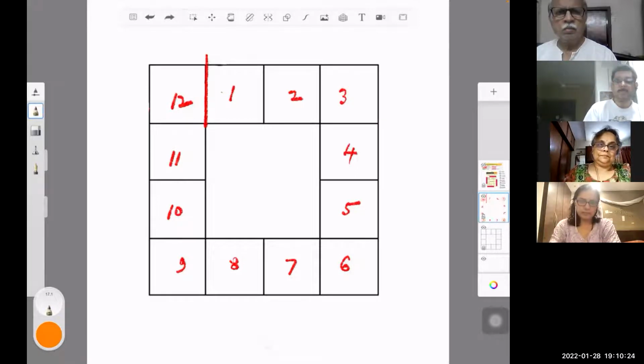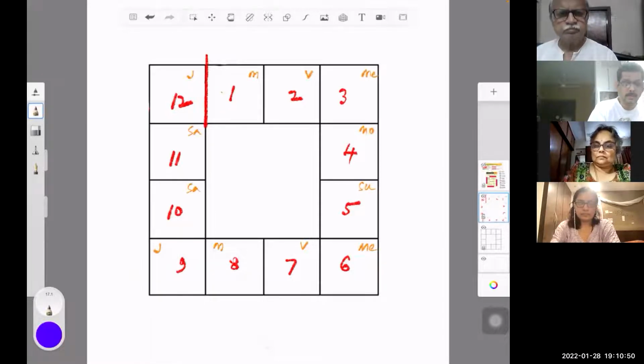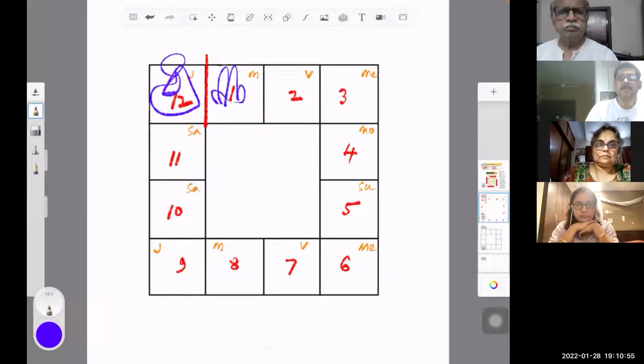Then we visually tried to understand how to get the Rashi lords in place. If you remember, this was Jupiter, this was Mars, this was Mars, this was Jupiter, this was Venus, this was Venus, this was Mercury, this was Mercury, this is Moon, this is Sun, and this is Saturn, correct? So how to remember this? We had given a simple visualization: you look at this as Ganpati over here, these are his hands. You must have seen it in the video, right?